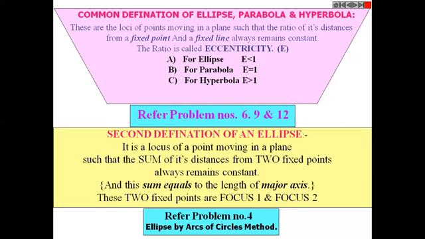When it is greater than 1, it is a hyperbola. The second definition of an ellipse: the locus of a point moving in a plane such that the sum of its distances from two fixed points always remains constant, equal to the length of the major axis, a plus a equals 2a. An ellipse has two foci, focus 1 and focus 2.